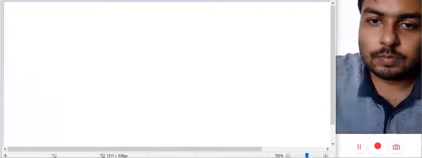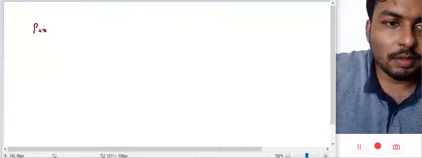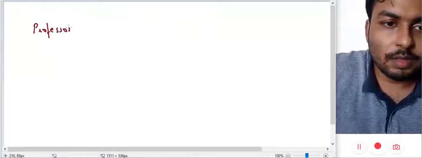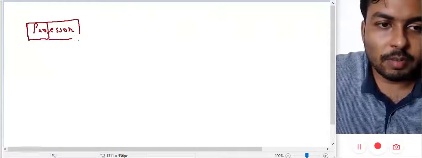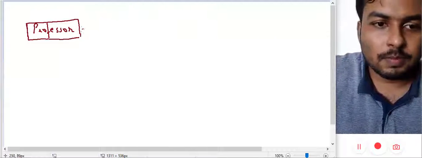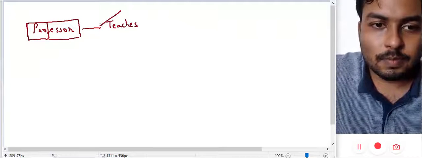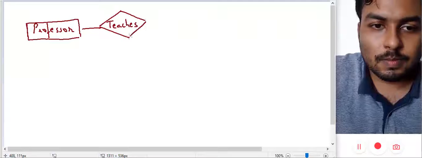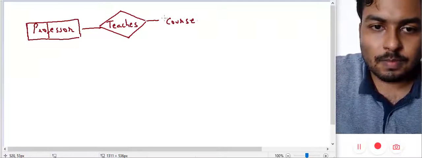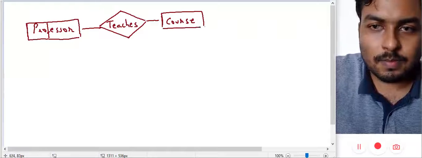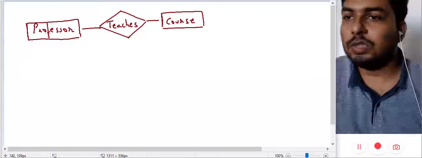Let's take a question. Somebody has given you this ER diagram. In your semester exams, simple questions will be asked; they will not make it too complicated. A professor teaches a course.